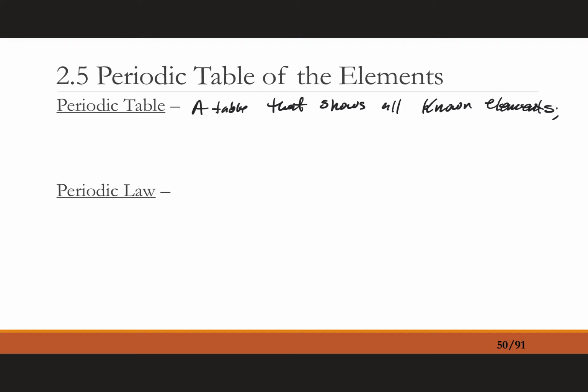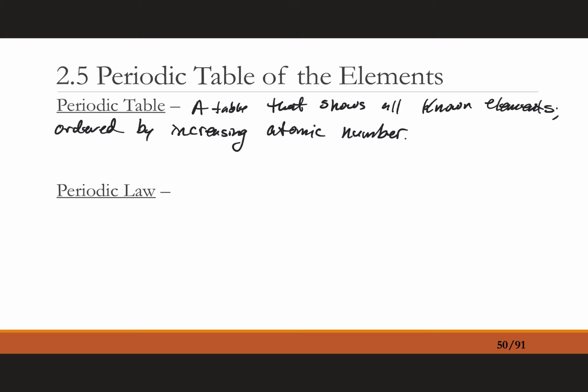These elements are ordered by increasing atomic number, starting with hydrogen being the first element of the periodic table and ending with oganesson. As far as we know, currently it has 118 protons.